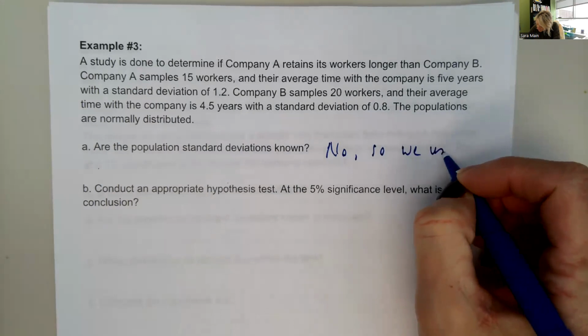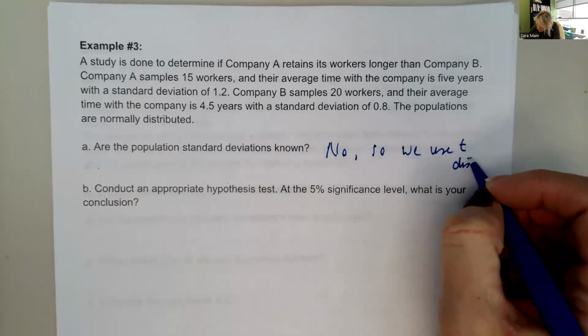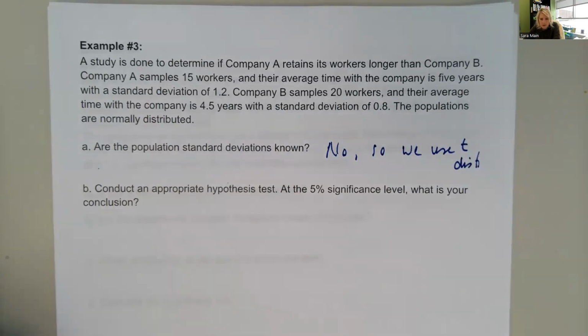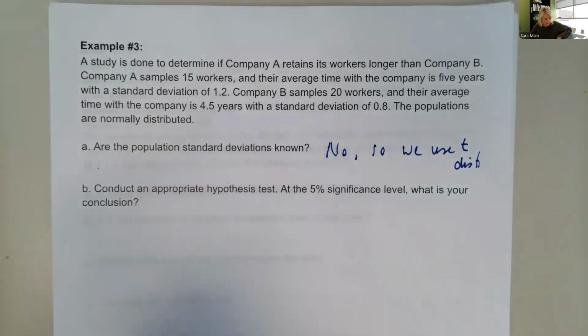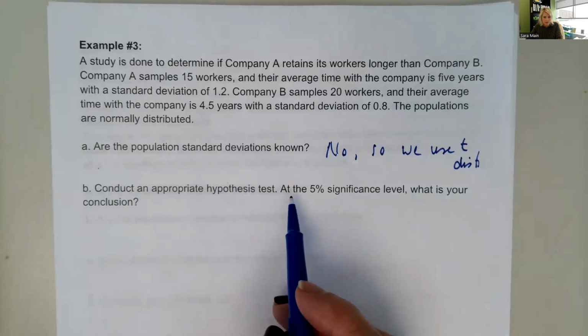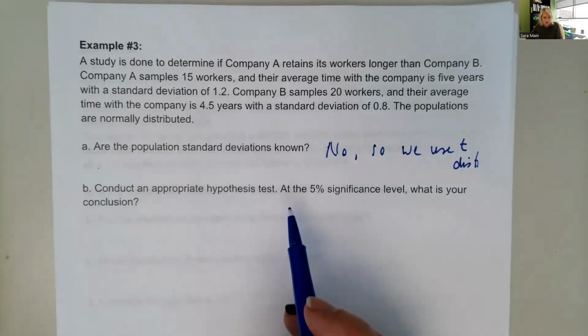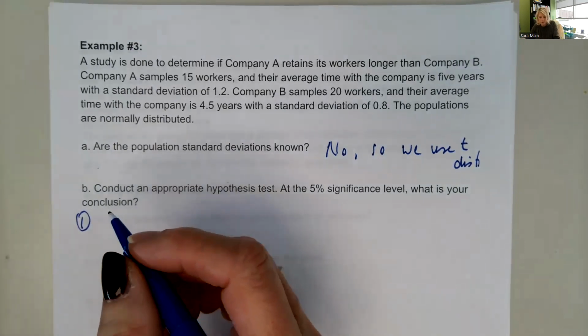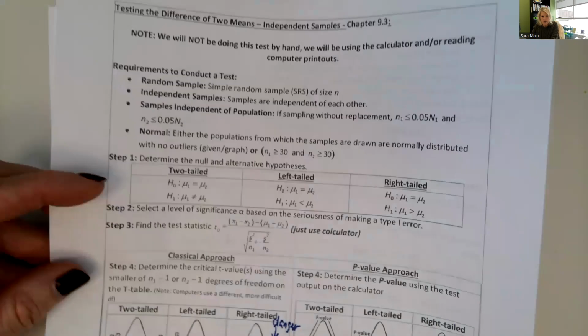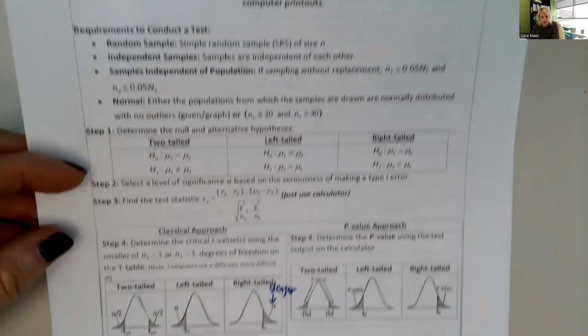So we use the t distribution. We're not going to be using the z at all in our class, but I'm just reminding you of why. So it says, conduct an appropriate hypothesis test at the 5% significance level. What is your conclusion? So we have our first step. And then in our formula packet, I've labeled out all the steps for you so you can have it handy.